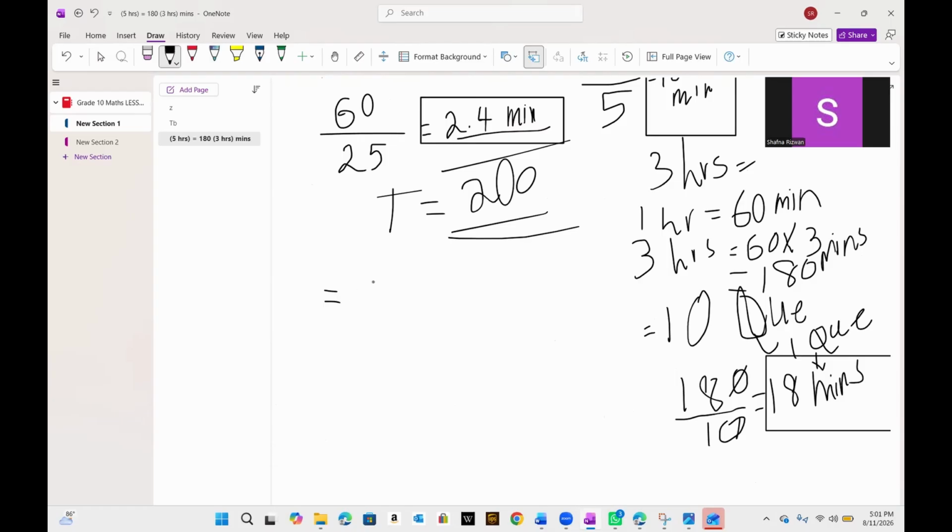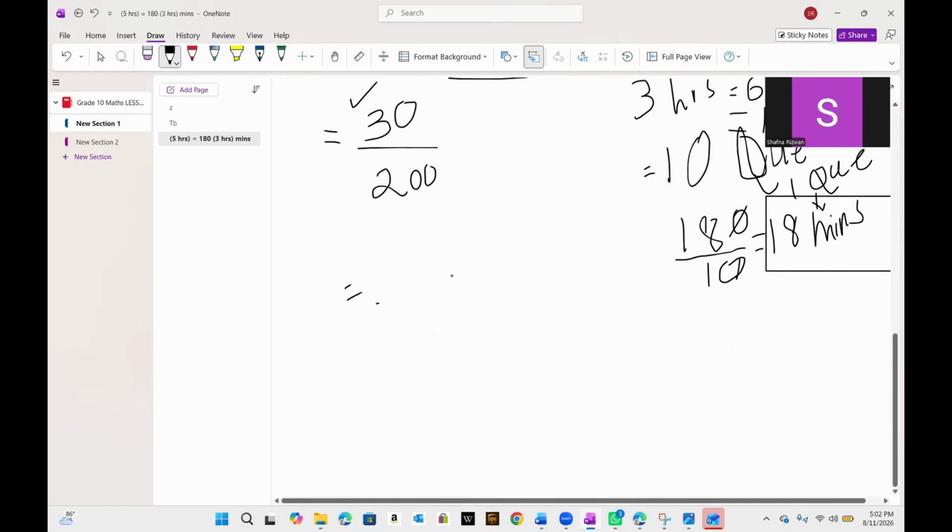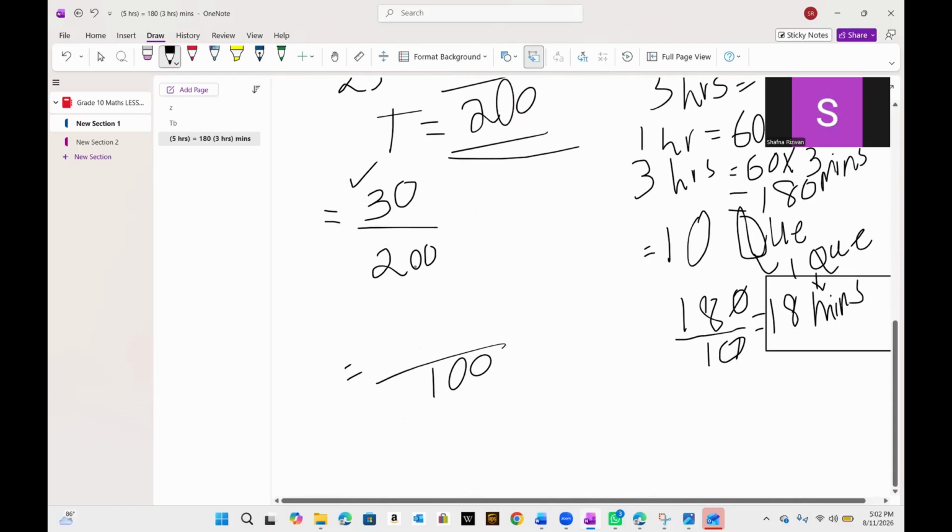Let's say you have scored around 30 out of this 200 paper. That means now you have to see how much you can take out of 100.